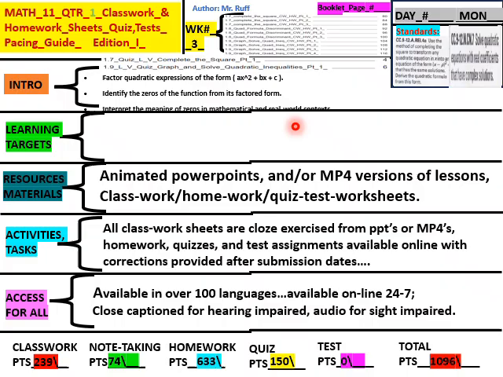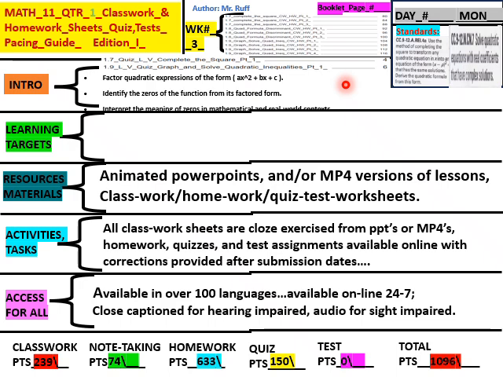And what else do we have here? Our intro is factor quadratic expressions of the form ax squared plus bx plus c. Identify the zeros of the function from its factored form, and then interpret the meaning of zeros in mathematical expressions.